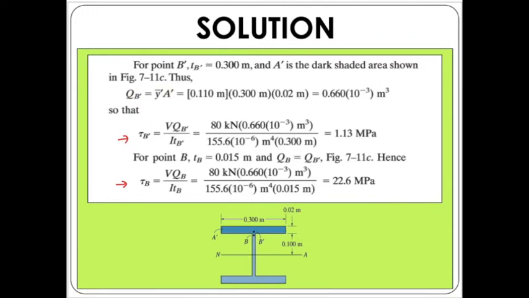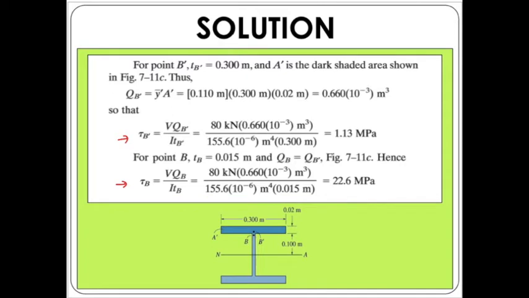So here we are going to determine the tau value at the point B prime, as well as the value of tau at B. It is actually a similar location, only that one will use the flange width and the other the web width.